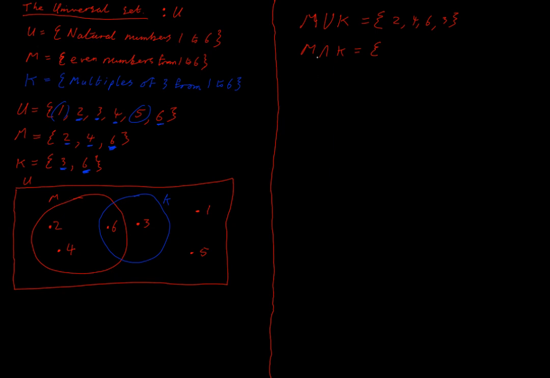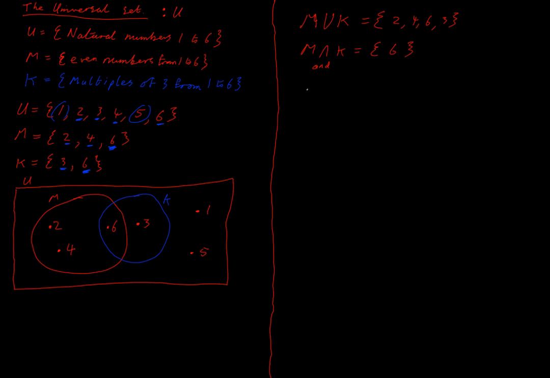So remember, intersection is going to be M and K. And "and" is going to be our keyword for intersection when we get into more Englishy style questions, as we will soon. So the only element that is in both M and K is 6. So we put down 6.